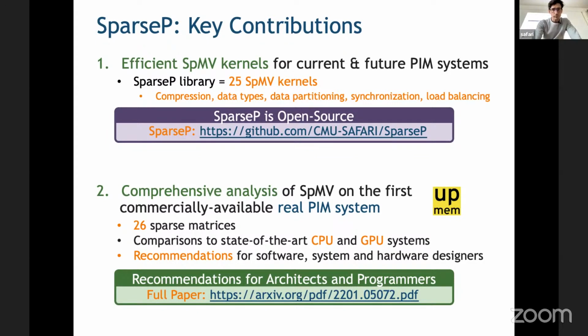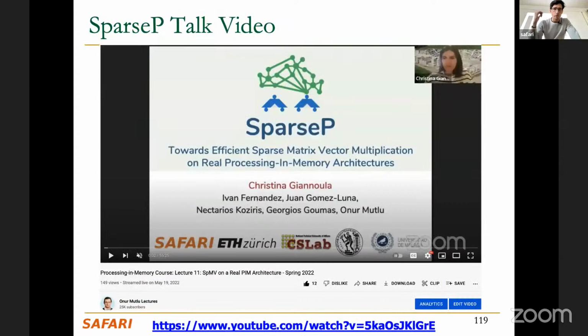It is a really comprehensive analysis to understand why this specific operation performs better or worse on this UPMEM PIM system. If you want to learn more about the SparseP library, there is a link to a lecture delivered by Christina Giannoula, who is the first author of the SparseP paper.